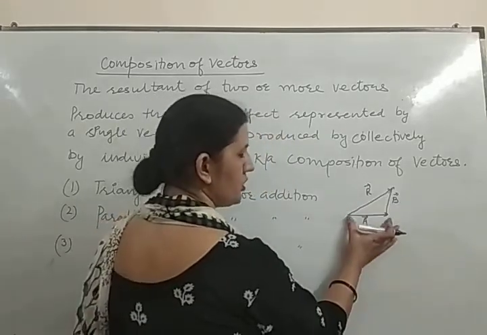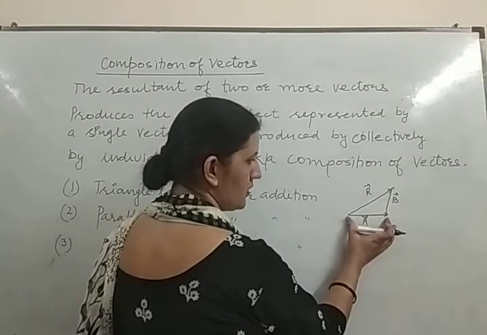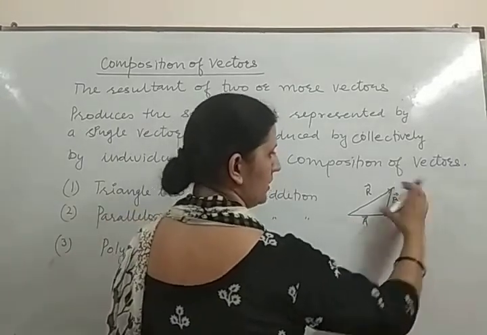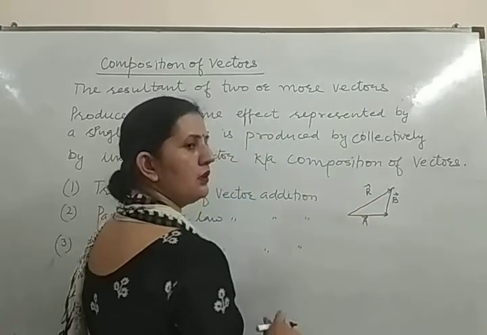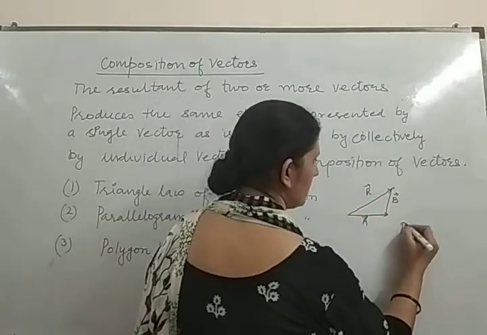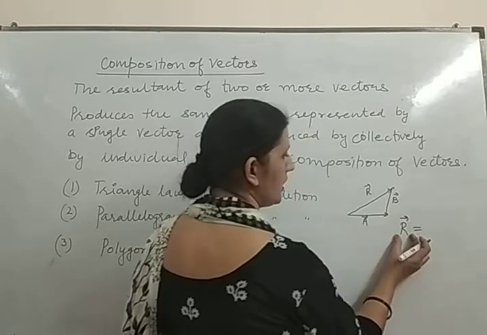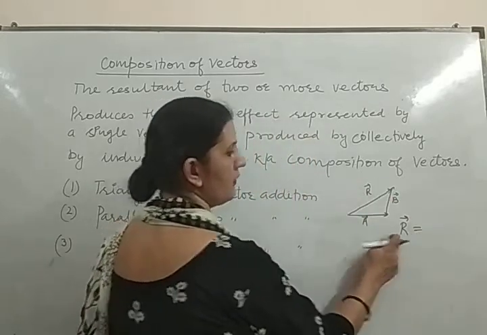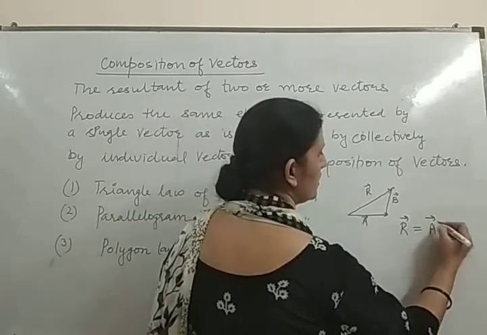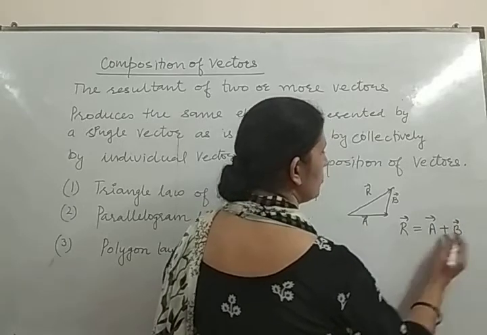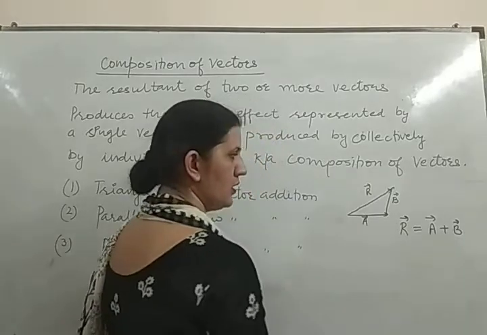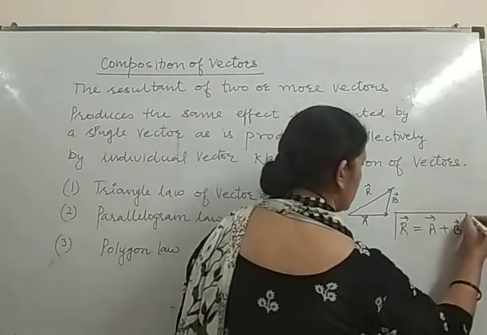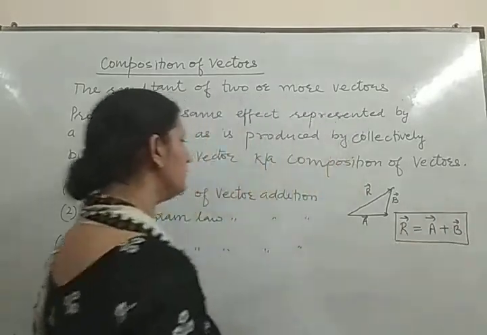So the result which is produced collectively by vector A and vector B is equal to the vector R. So we can write vector R, the resultant which is produced by the single vector, is equal to the sum of these two vectors which are having their individual effects. So this is the triangle law of vector addition.